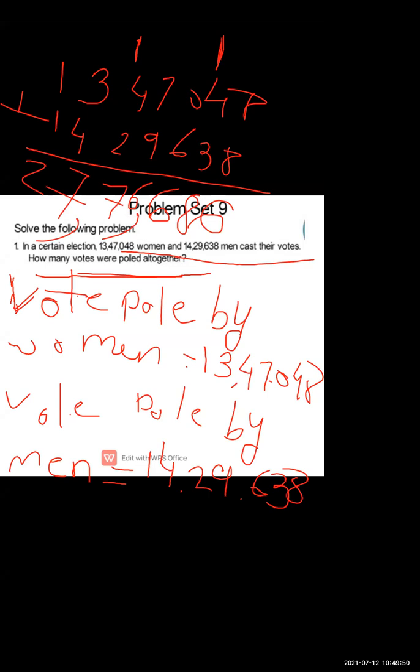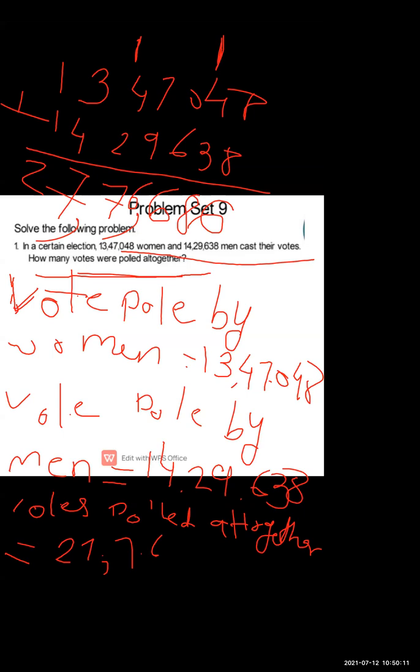polled all together is equal to, what is the answer? That is 27,76,686.